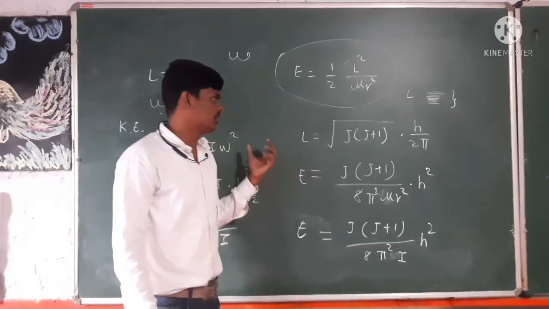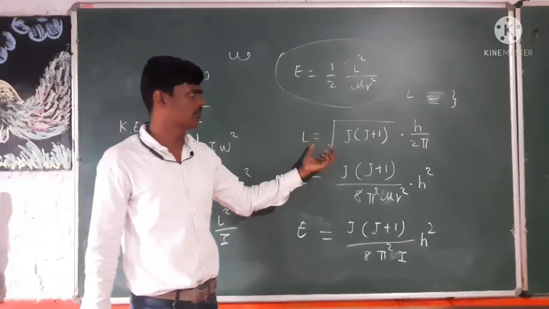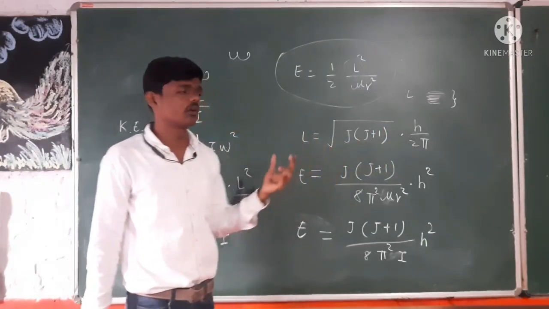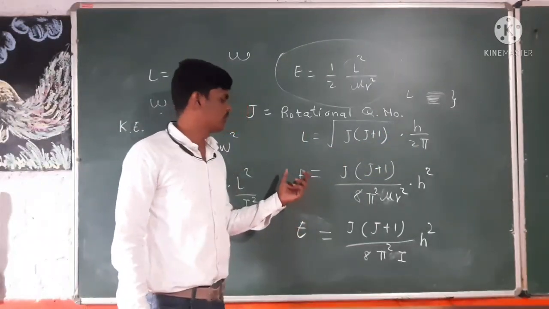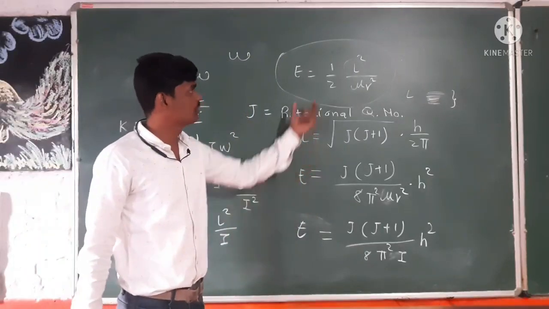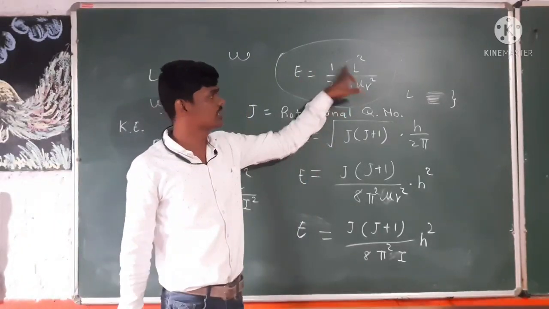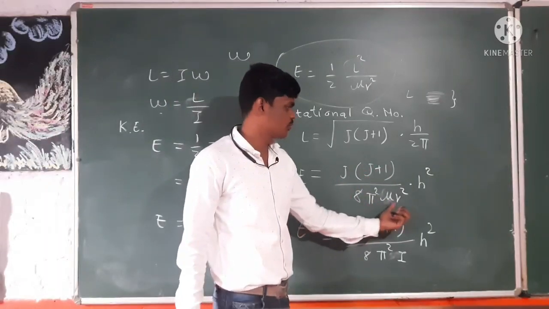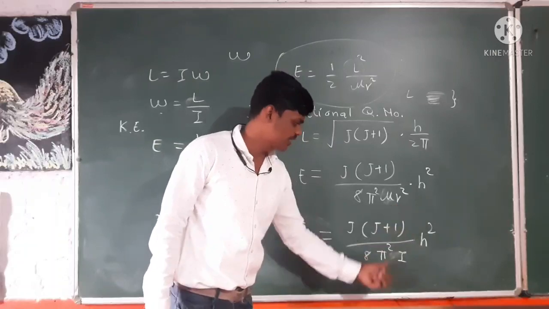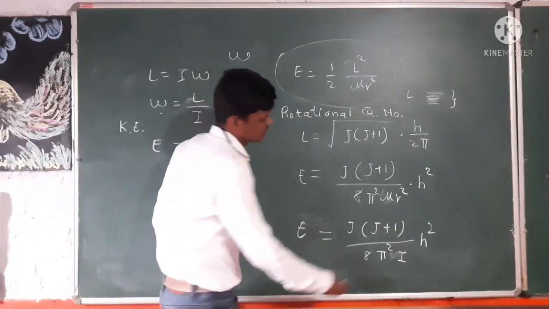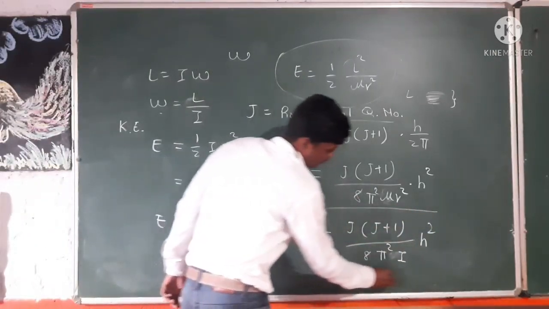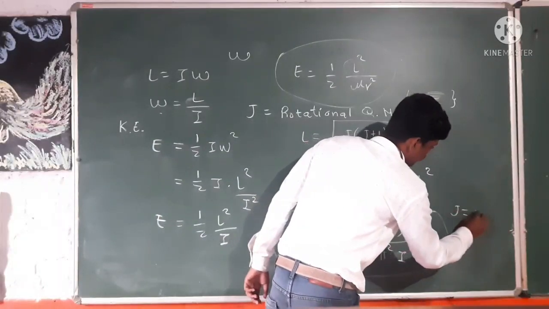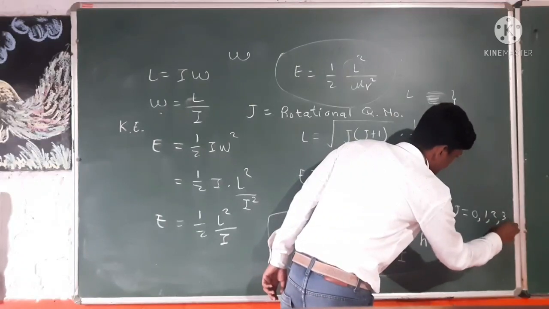Now here we have the formula for angular momentum, L equals under root j into j plus 1 times h by 2 pi. Here j is nothing but the rotational quantum number. The value of this L goes into E, and we will get this equation: E equals j into j plus 1 times h square by 8 pi square mu r square, where mu r square is I. So this will be the resultant energy value for each j, where j is the rotational quantum number with values 0, 1, 2, 3 and so on.